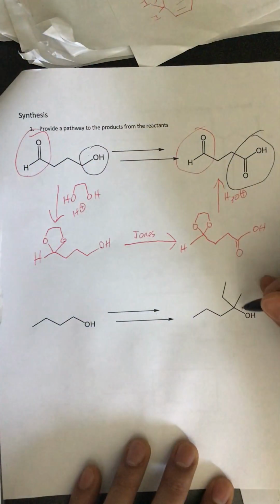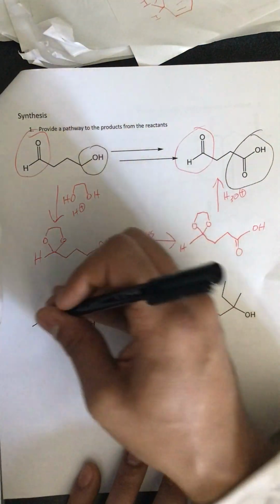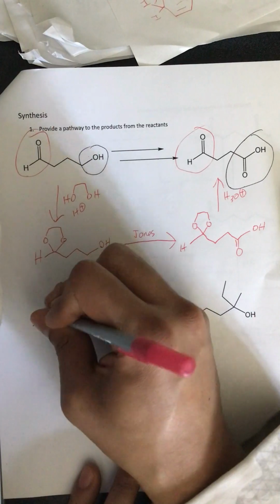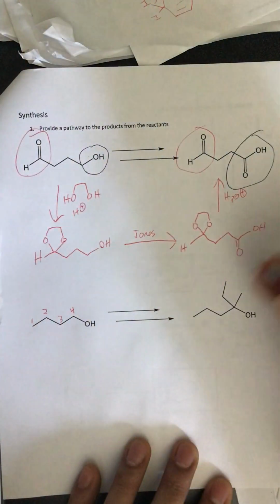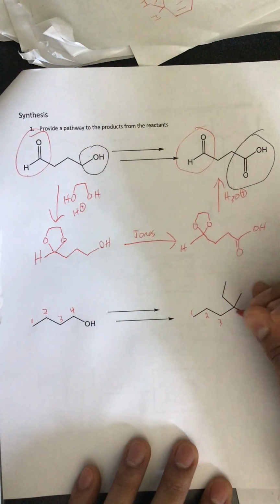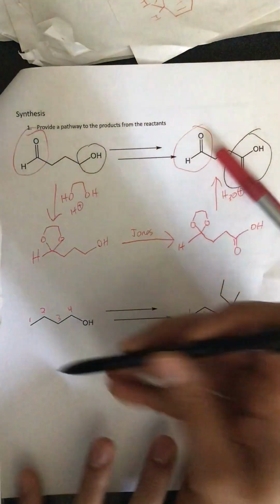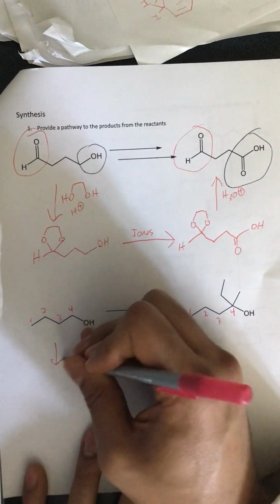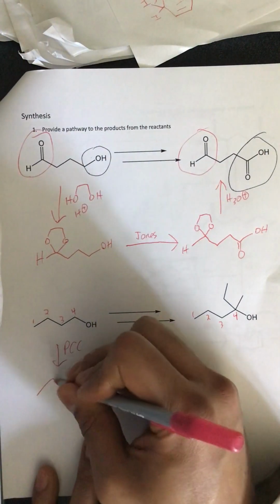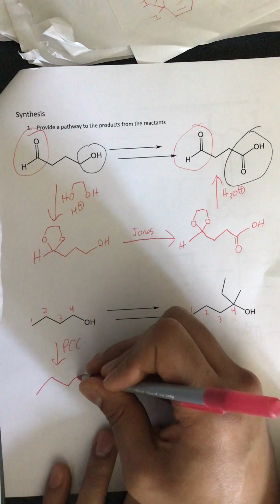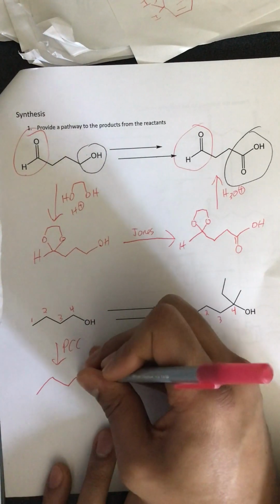All right, for this one, we see that we start with 1, 2, 3, 4 carbons. To this 4th carbon, we add a methyl group and an ethyl group. So the way we do this is we have to use PCC. And in order to add those carbons, we need to make carbon 4 electrophilic.